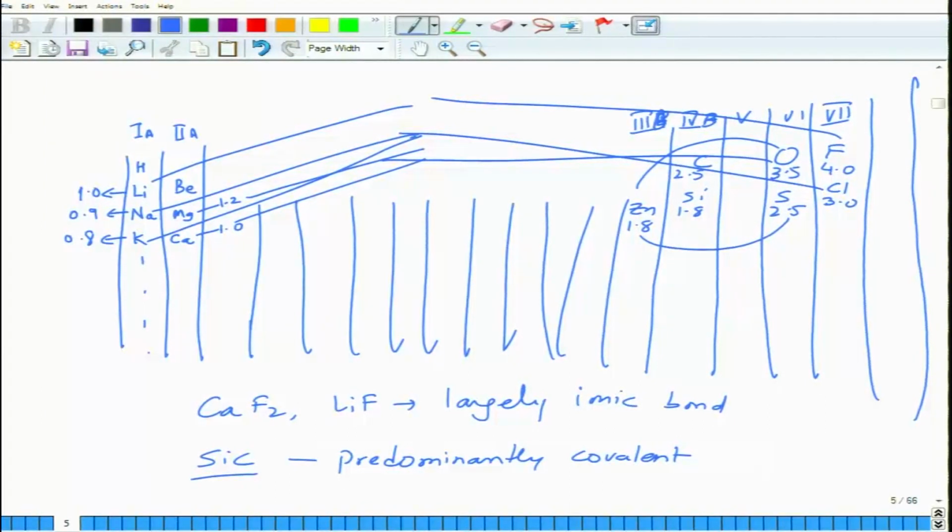So this is the reason why you have this variety of compounds: compounds showing predominantly ionic behavior, compounds showing predominantly covalent behavior, and compounds showing mixed behavior. But all of them have certain ionic character, which is why they fall in the category of ionic solids.